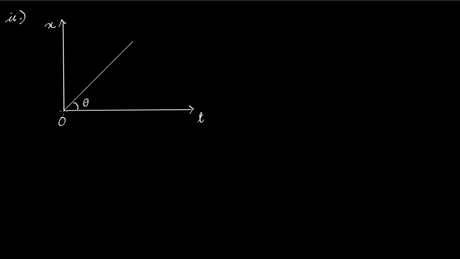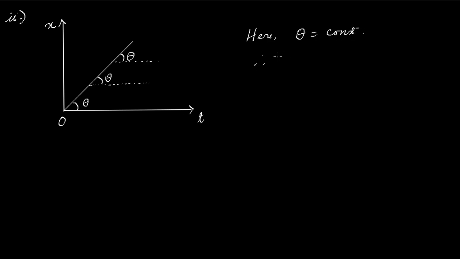Now at every point, if I draw a line parallel to the x-axis, it would make this angle. Do you agree or not that this angle will always be the same? Yes, so that means the angle theta here is constant.